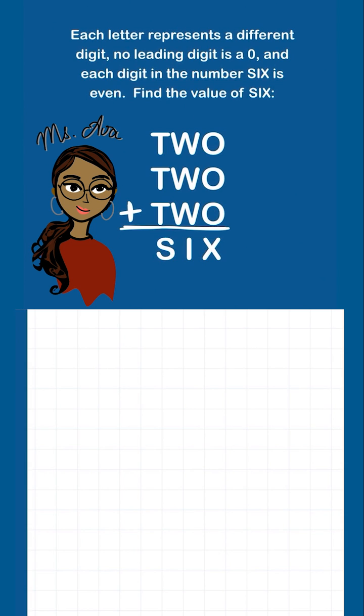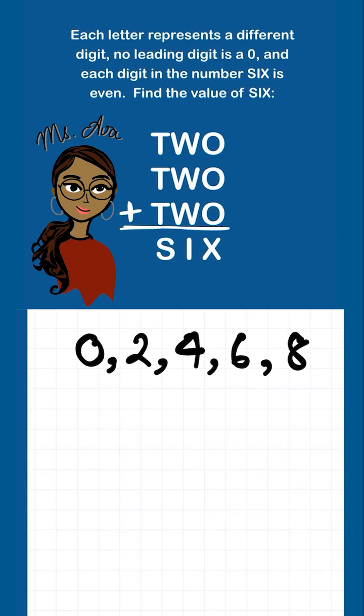So I would probably start with the fact that each of these are even. So let me list out the even digits. That's going to be a 0, 2, 4, 6, or 8. So those are our options for these 3 letters right here. So that's one thing we know. And then some other things that we know are just facts about adding even and odd numbers.